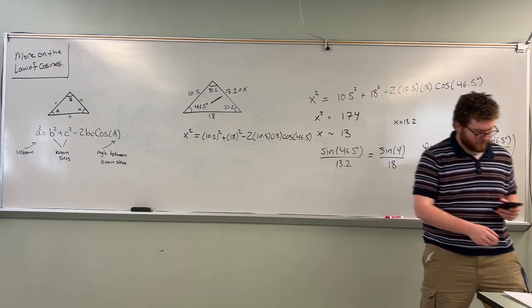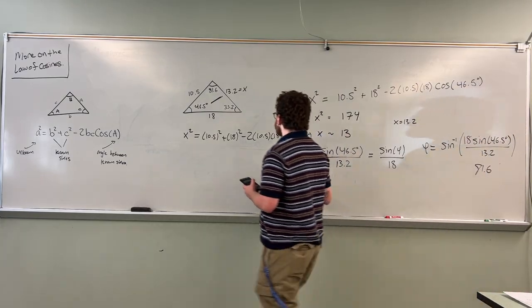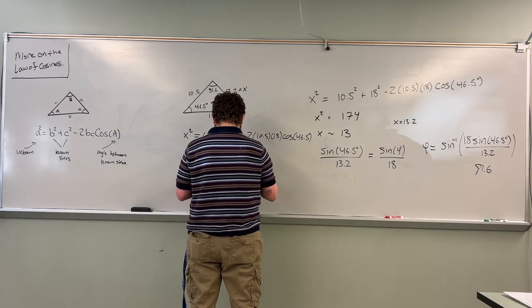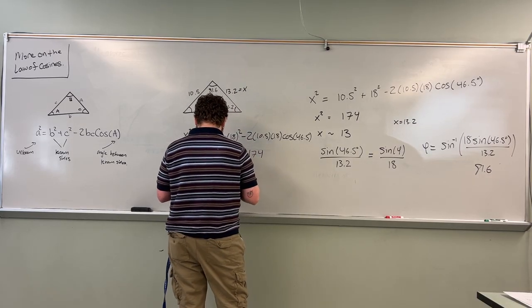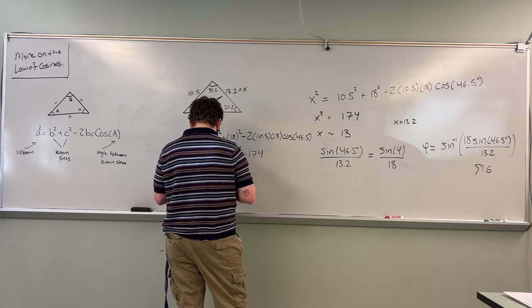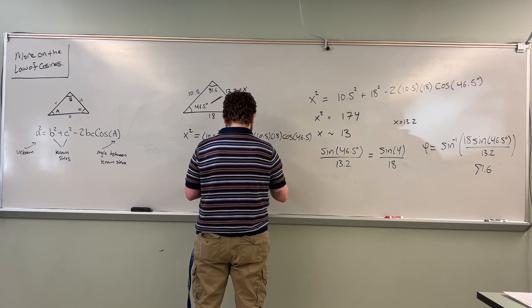I get 174. X squared equals 174. So x equals the square root of 174, equals 13.2.